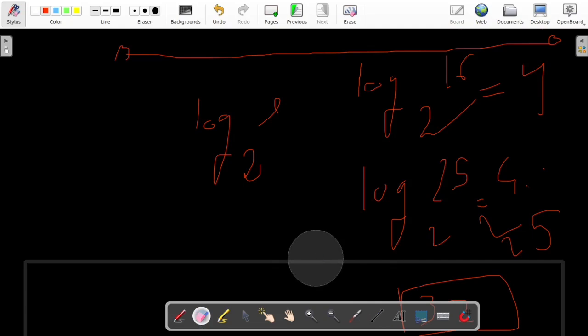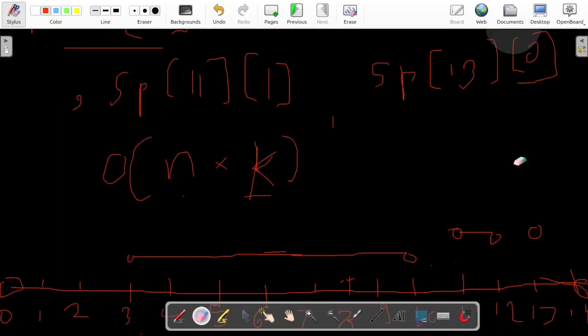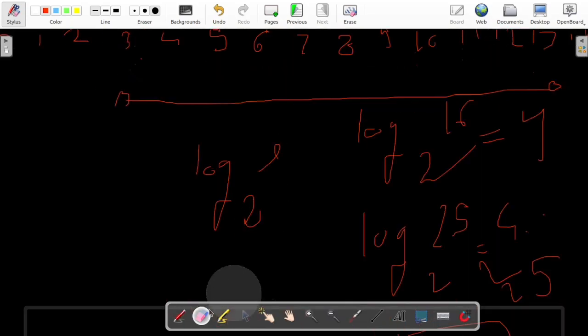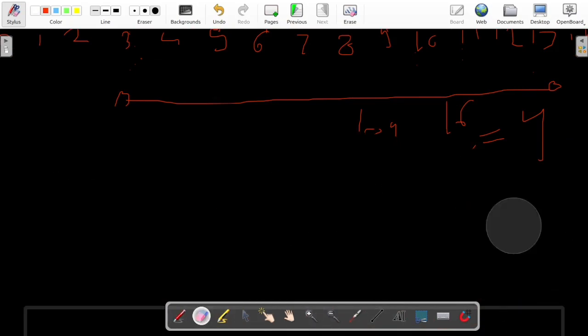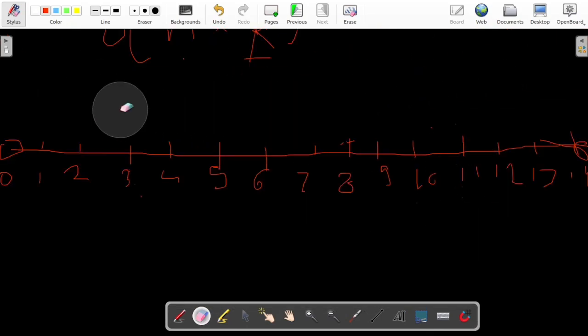So if I need this many powers to construct L, of course we will have this many segments within that particular L. Let me draw this so you will get a good understanding. We already have a number line here.